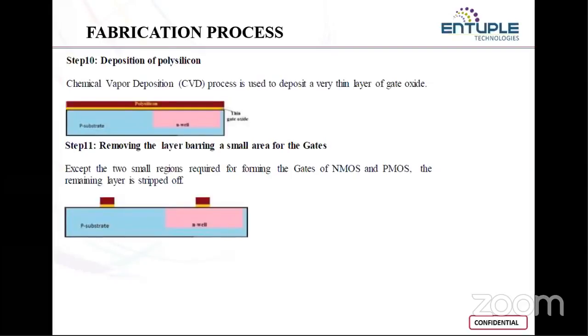And just between the substrate and the polysilicon, we have a thin gate oxide, and that helps in creating the channel for the transfer of charge carriers from the source to drain. So that is why we have a thin gate oxide material. And then we remove the unwanted polysilicon again, by the very same etching process.